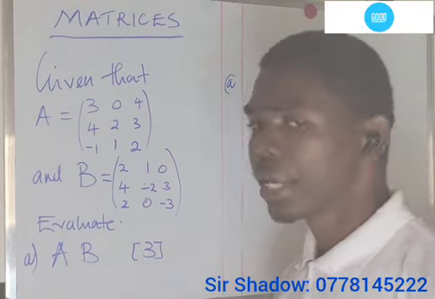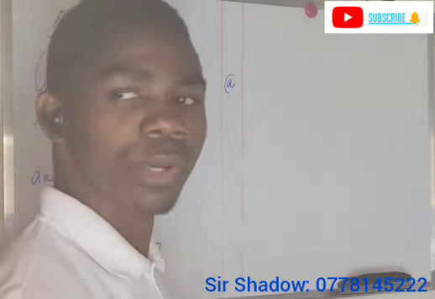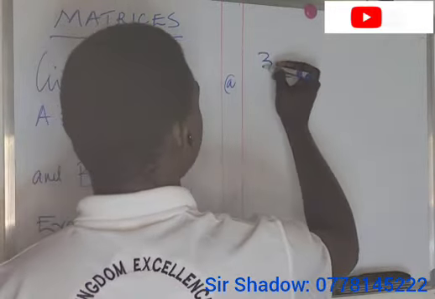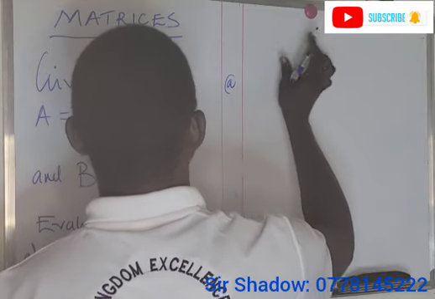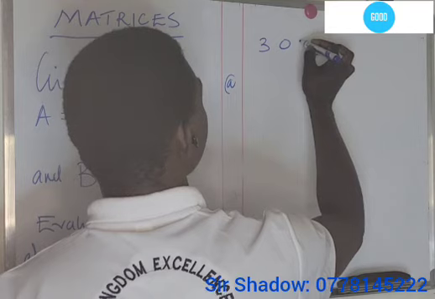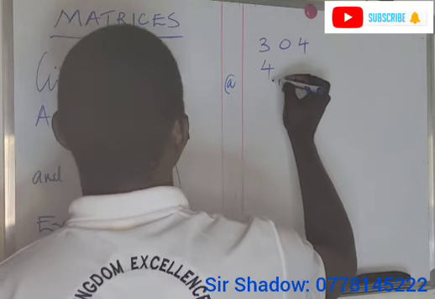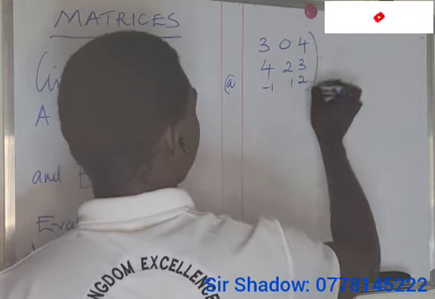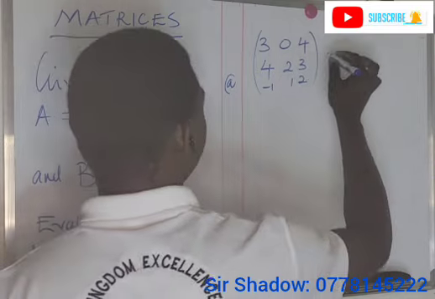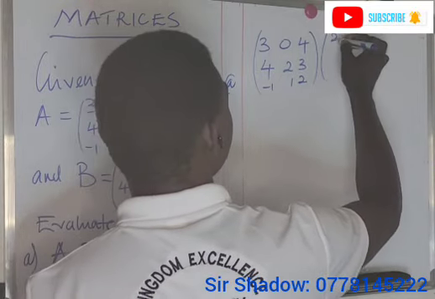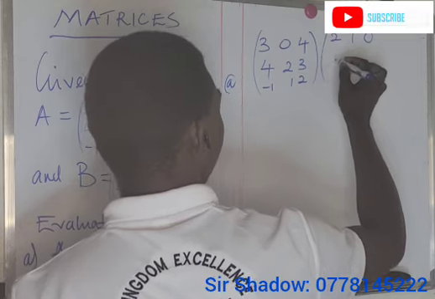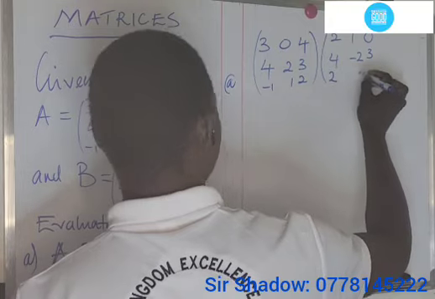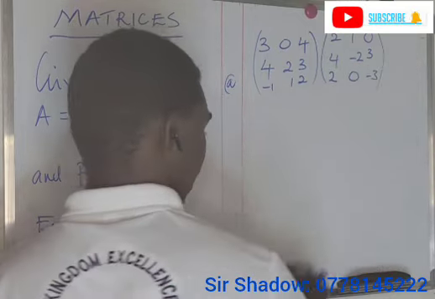So A is given as 3, 0, 4, 4, 2, 3, negative 1, 1, 2, multiplying the matrix B, which is 2, 1, 0, 4, negative 2, 3, then 2, 0, negative 3.